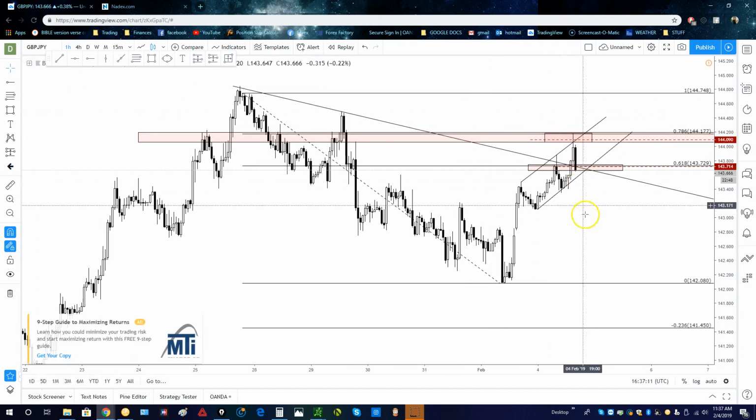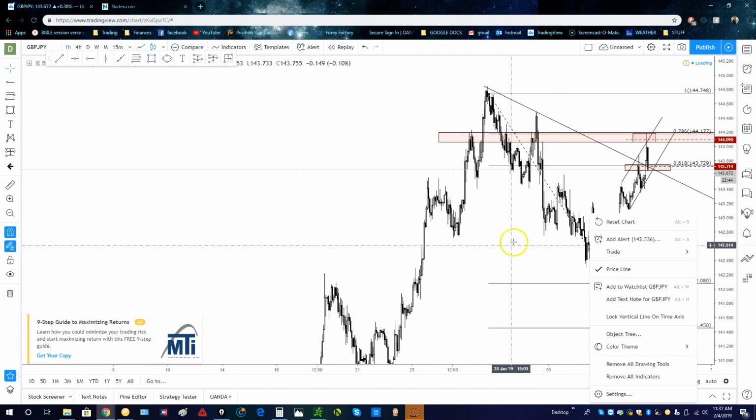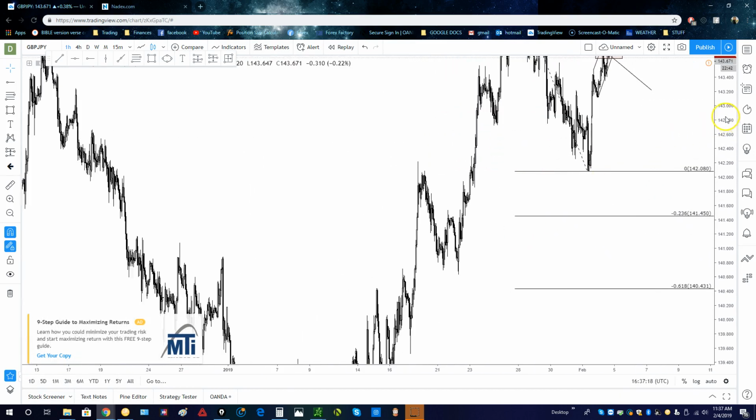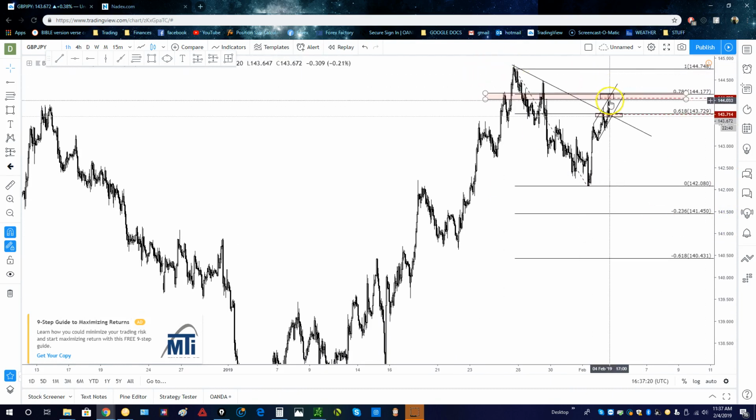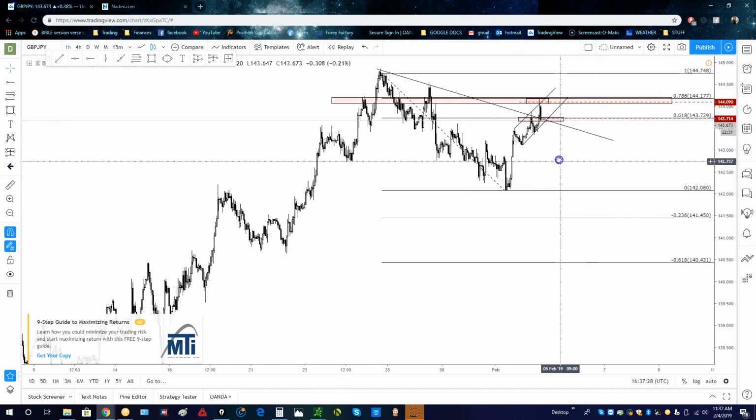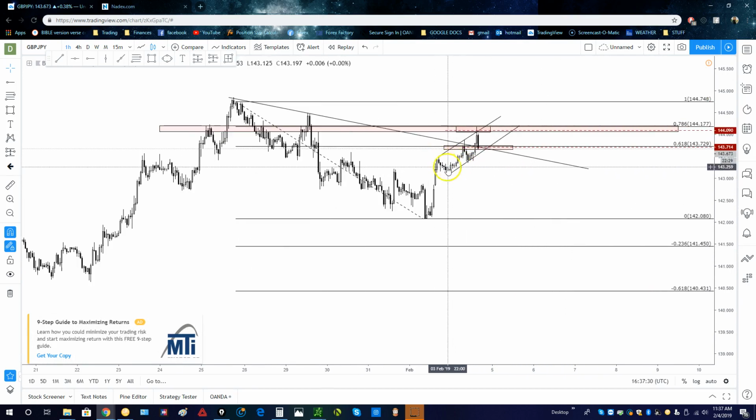It could totally blow through this and just drop. We're pretty overextended here. If you look at the higher time frame charts, this could be a lower high, and it could just drop straight on down to these profit targets, several hundred pips away. So you thinking that it's just going to respect this, it may not.